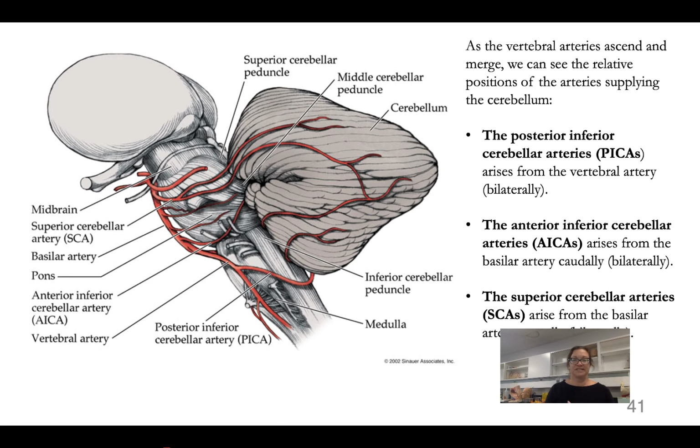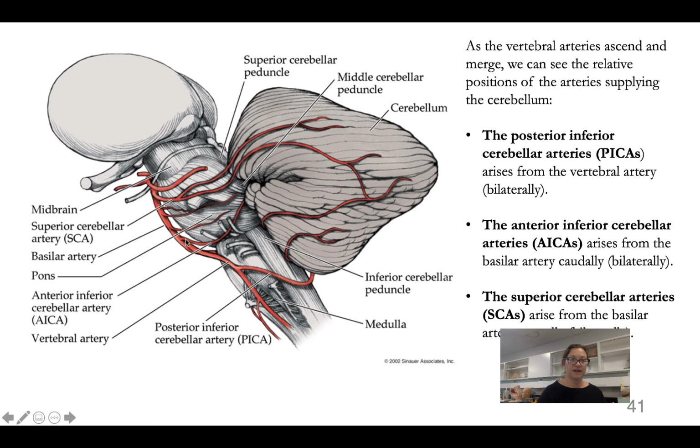As those arteries descend and merge bilaterally, you can see all of the arteries that arise, and you should take note of these. As I said, you do need to know these branches. So you have the posterior inferior cerebellar arteries that branch off, typically inferior to the cerebellum, and the anterior inferior cerebellar arteries arise next, right there.